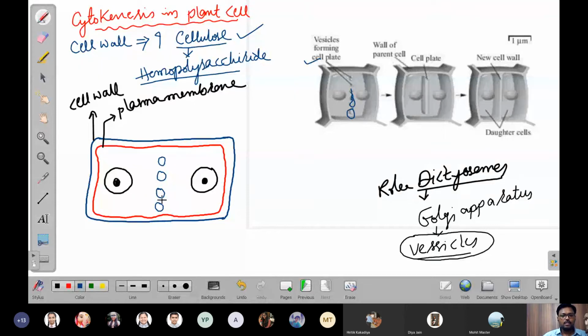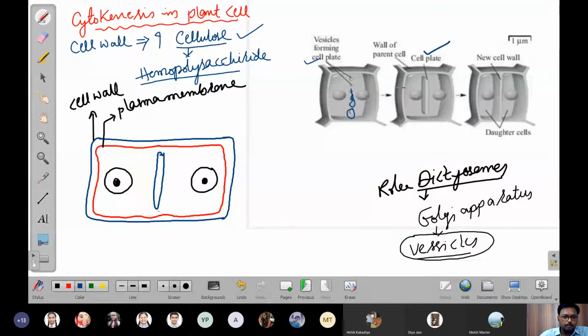All these vesicles fuse with each other. Once they fuse, what will happen? Formation of cell plate. It forms a thick plate which is deposited with cellulose, right? Now this is called cell plate.